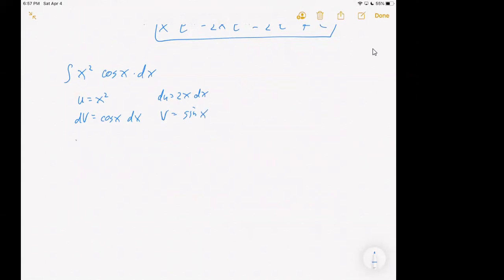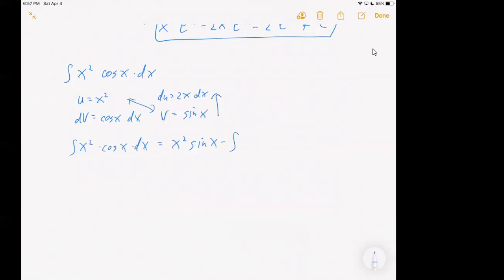So my first iteration gives me that the integral of x squared cosine of x dx is equal to uv, so that's x squared sine x, minus the integral of v du. You can kind of see that it follows this little pattern, down and then up, if you want to zig and zag.